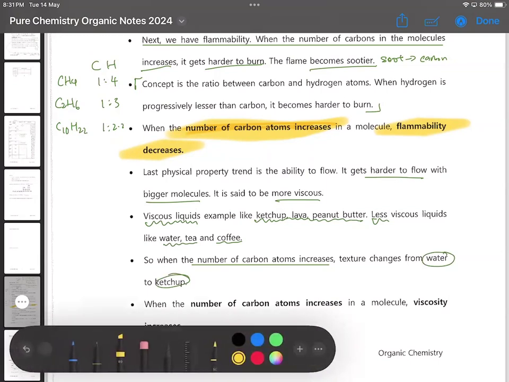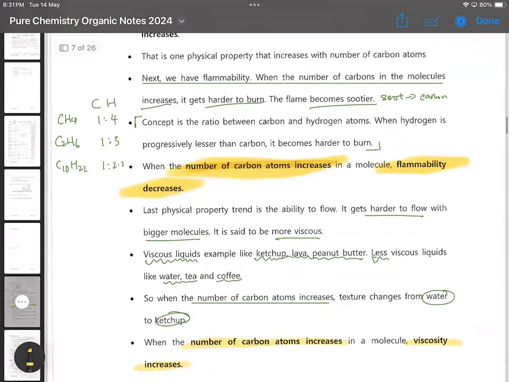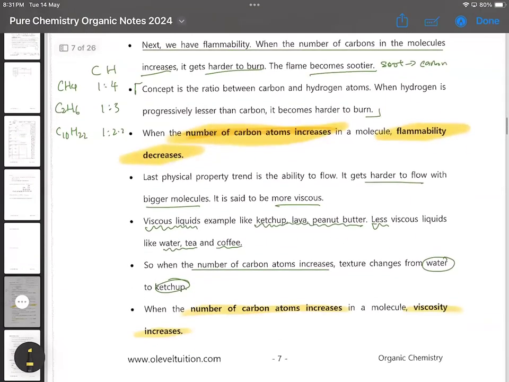So the more carbon atoms you have, the viscosity will rise, which makes it harder to flow. So that's our three physical properties based on their difference in size.